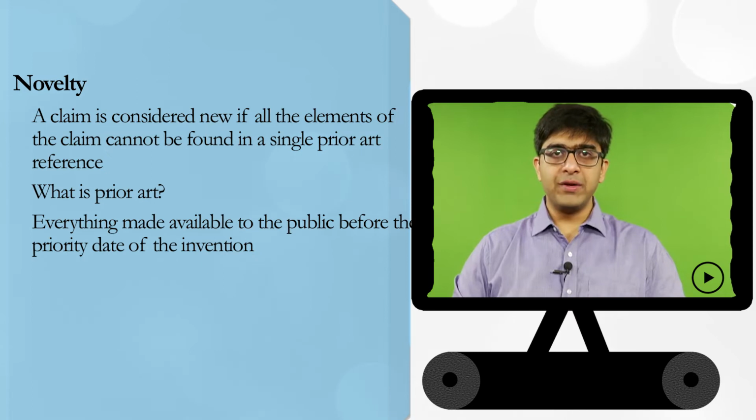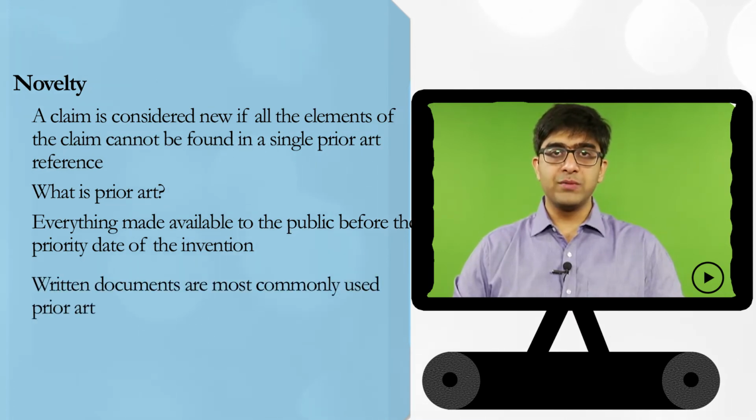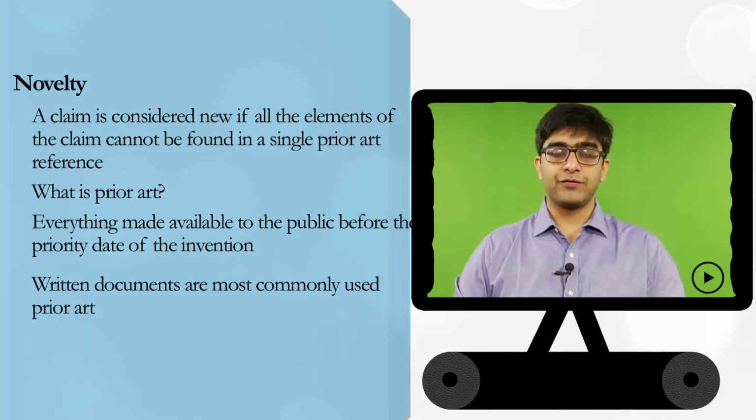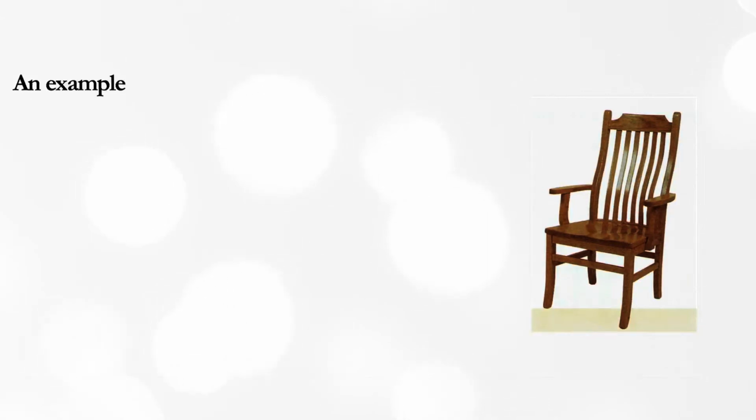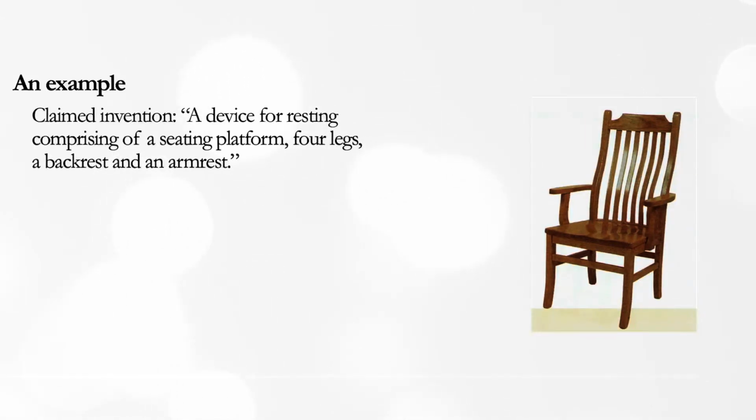The most commonly used prior art references are prior documents which have been published prior to the priority date of the invention. Let us take an example. Let us take a claim regarding a chair. It would read as a device for resting comprising of a seating platform, 4 legs, a backrest and an armrest.